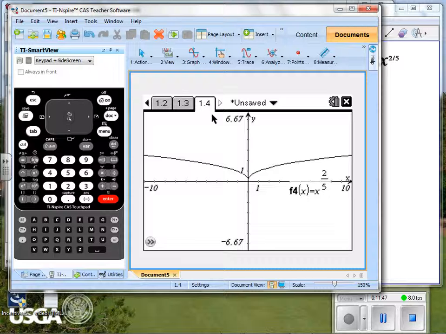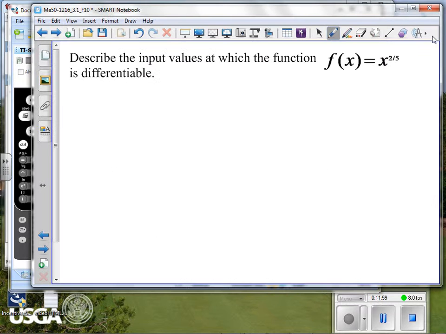Looks very much like another problem we saw, but looks can be deceiving. So we want to do some analytical work here. It looks like there's what we call a cusp right there, but we want to make sure. The other thing I want to point out is that if you have x to the 2/5 power, what's another way of writing it?